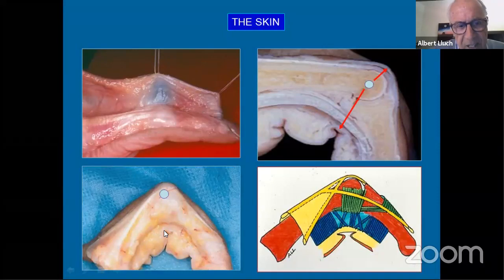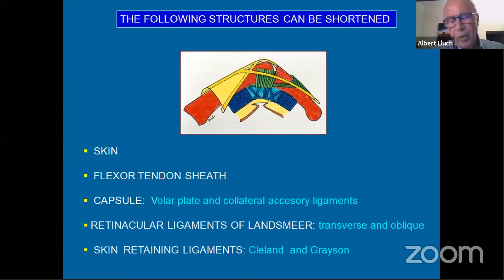And we can see here that when the PIP joint flexes, the skin folds, making like a T. You see, it makes like a T because it doesn't move. The skin can move in many parts of the body, but not the palmar skin or the volar skin of the finger.